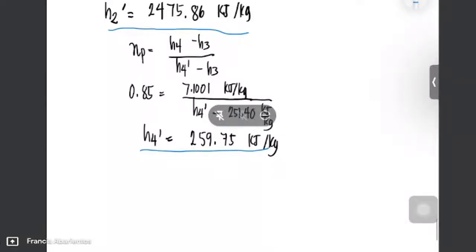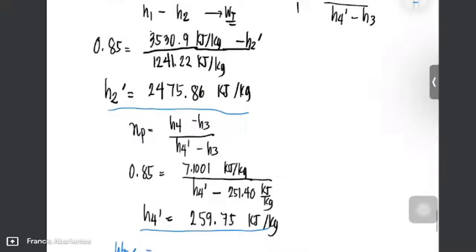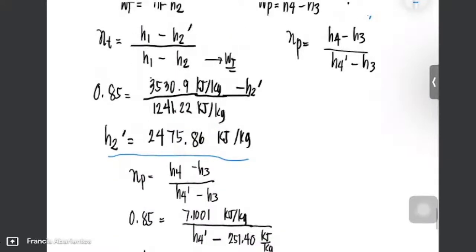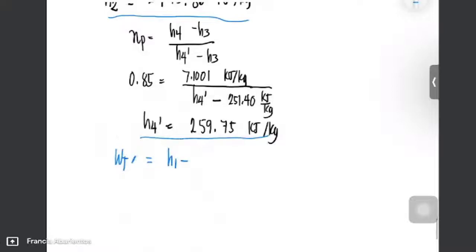So, we will now compute for the actual work, which is equal to H1 minus H2 prime.